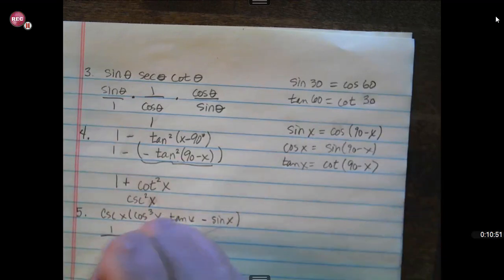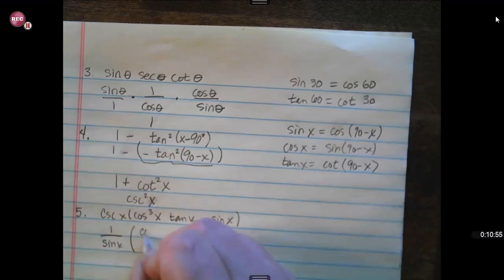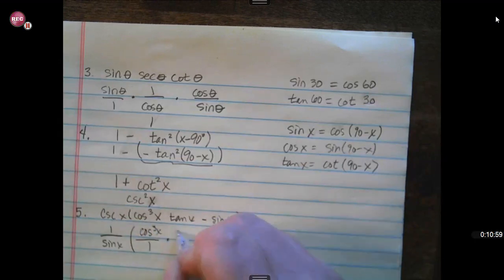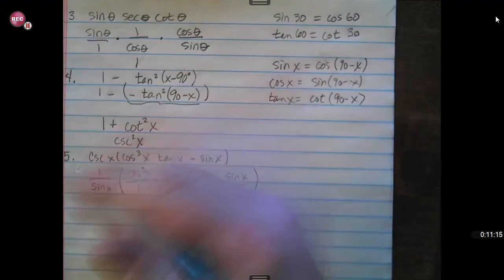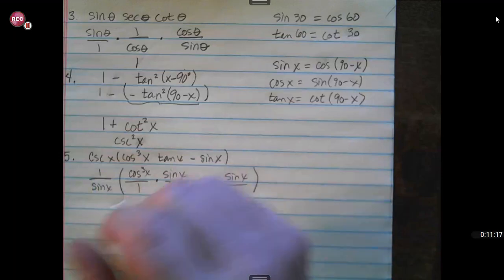So this is 1 over sine x times the quantity cosine cubed x over 1 times sine x over cosine x minus sine x over 1. And then at this point we could simplify or distribute or do them at the same time. And I'm going to do them at the same time.